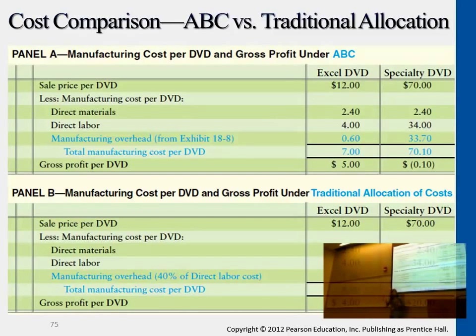Right? So after rearranging this, perhaps the next strategy would be either increasing specialty DVDs from $70 to $72, $73, so it covers the cost, or we cut the cost for specialty DVDs, or even perhaps cut the entire production line.